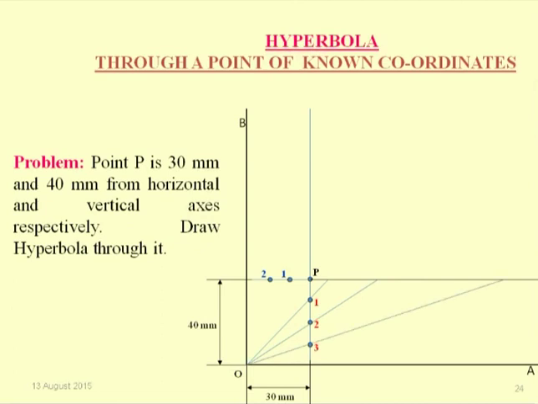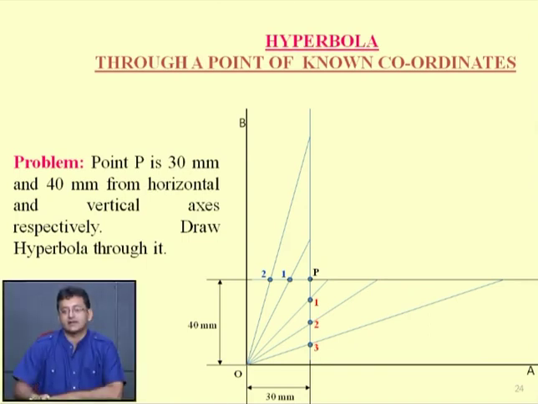Similarly, draw O2 which intersects the horizontal line drawn from point P. Similarly, on the left side, join O1 which intersects the vertical line drawn from the P, and similarly draw an O2 line and extend that line up to the vertical line drawn from the point P. Name all these intersecting points in a similar way. On the right side 1, 2, 3, on the vertical side 1 and 2.